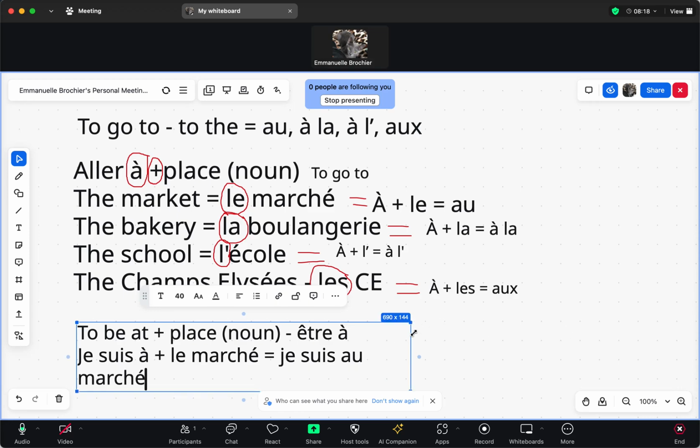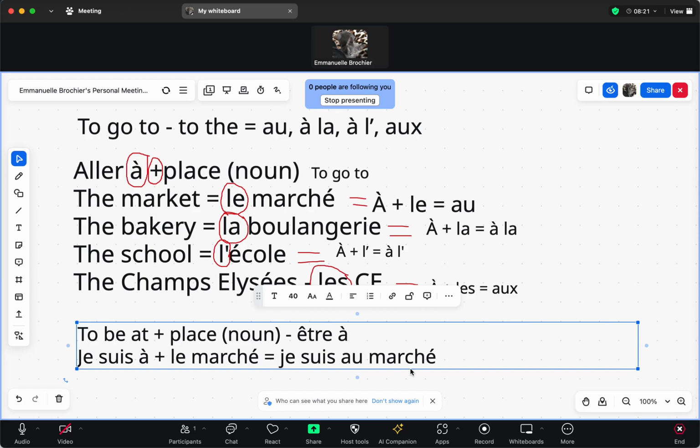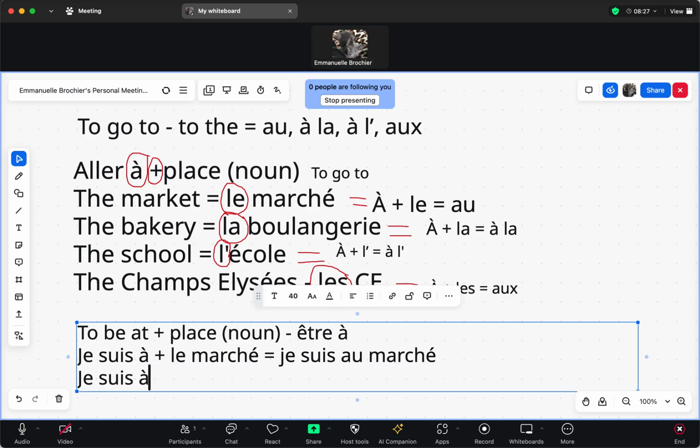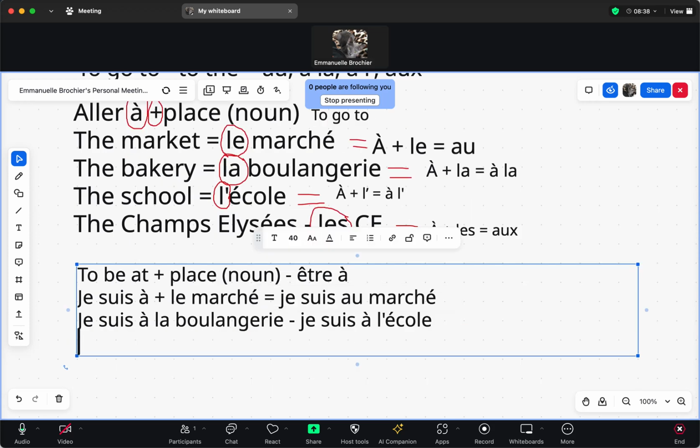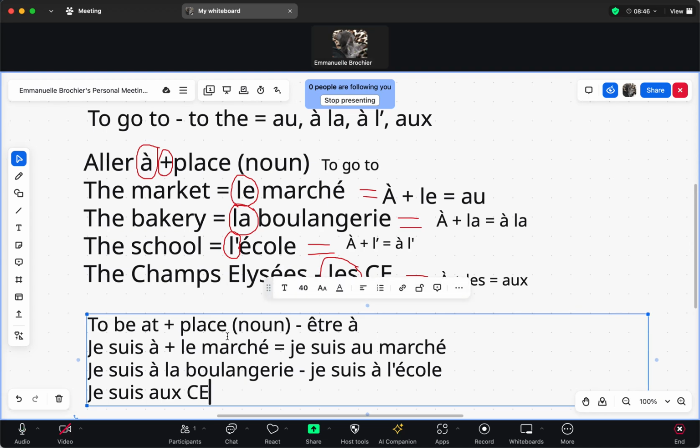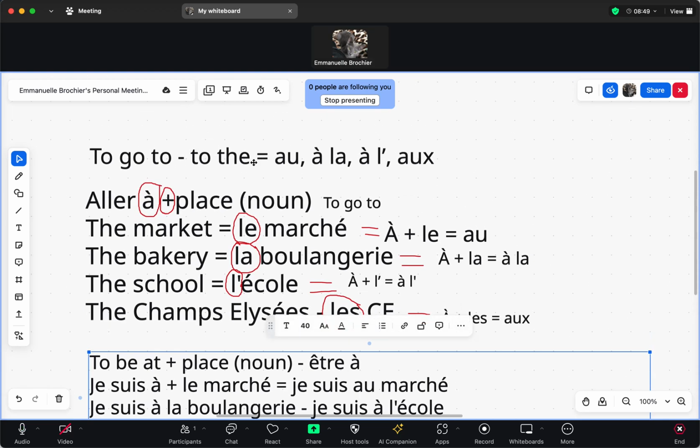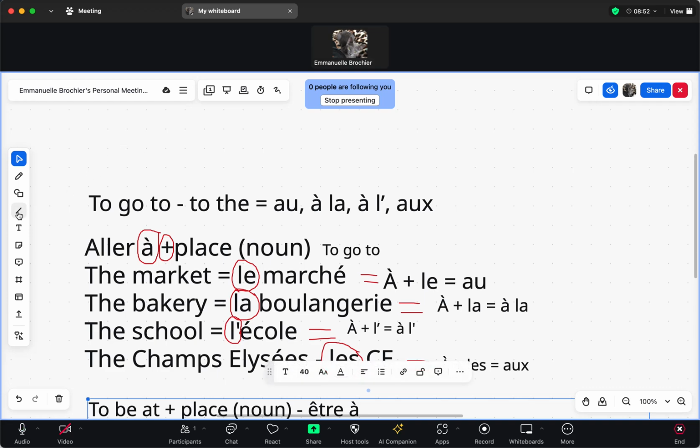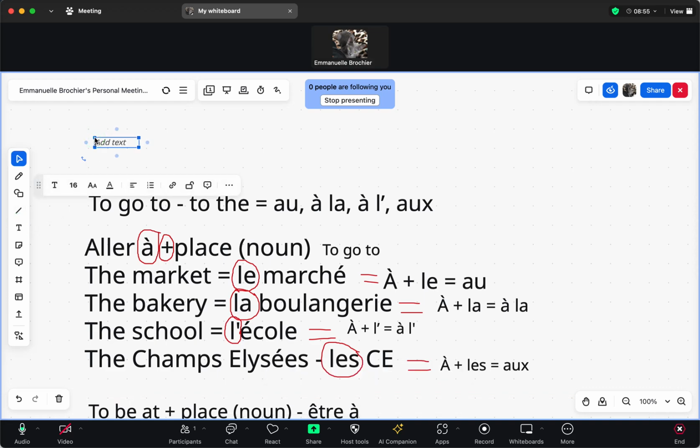Now, if I want to say je suis à la boulangerie, no contraction. The same goes for l'apostrophe: je suis à l'école. And the plural form will be je suis aux Champs-Élysées. So basically we have the same. We can add a formula that works in French but not in English: to the equals at the.